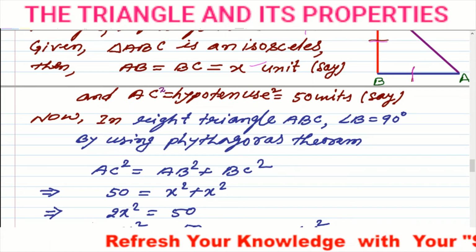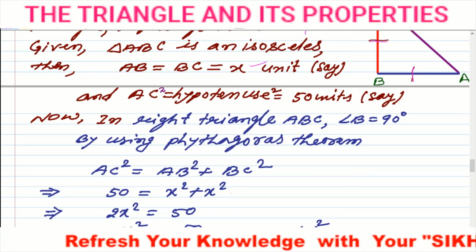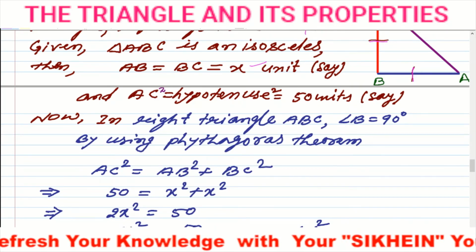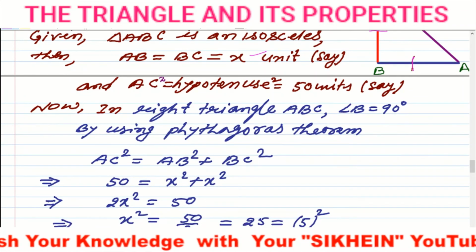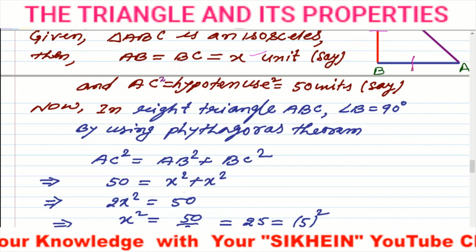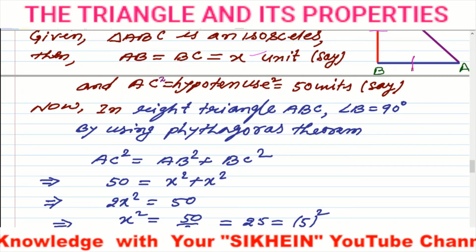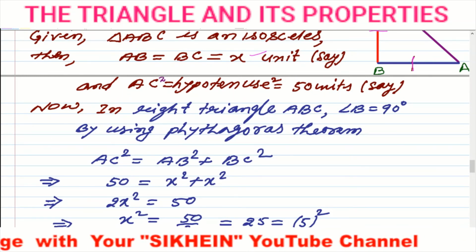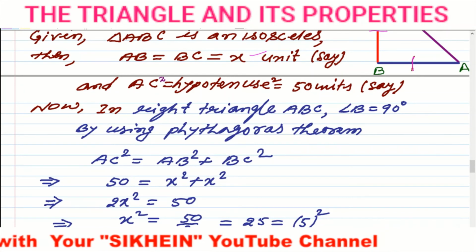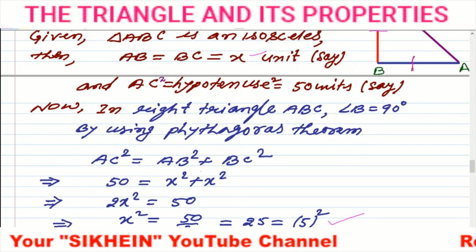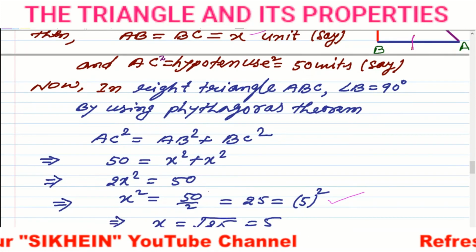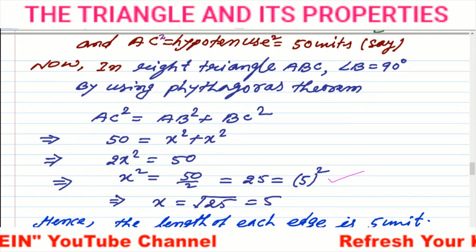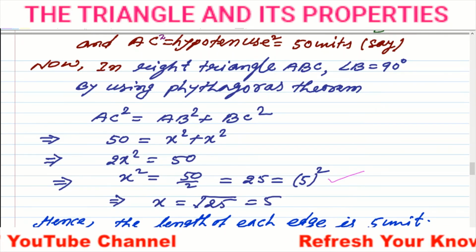We change the sides, but no effect on the sign. Usually we keep the variables in the left hand side. x square equal to 50 by 2, that is 25. 25 is the square of 5. Now x equal to 5. Hence the length of each leg is 5 units as asked in the question, right?